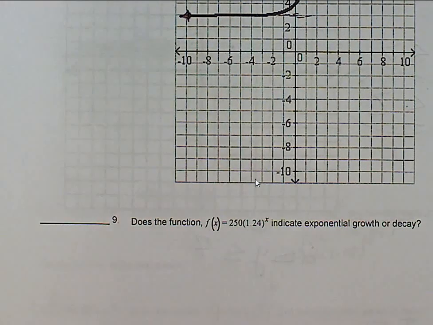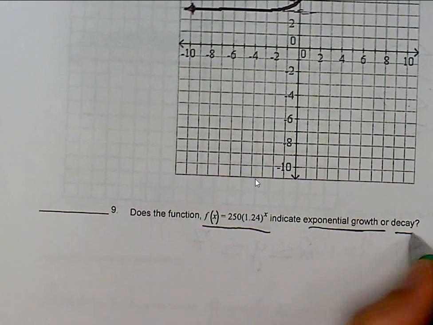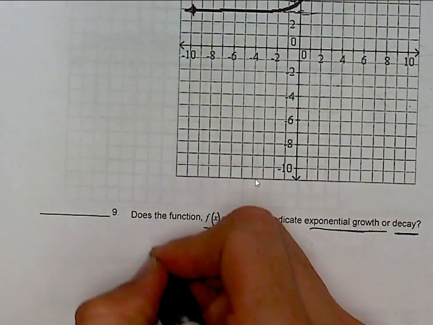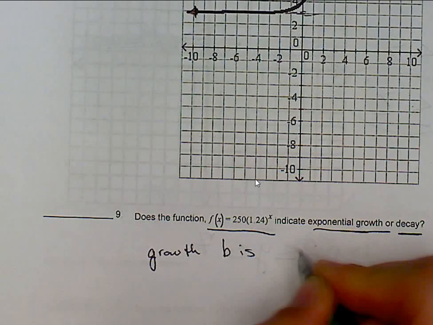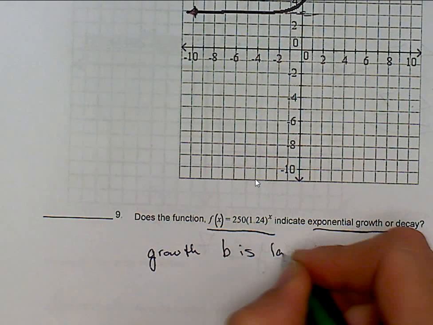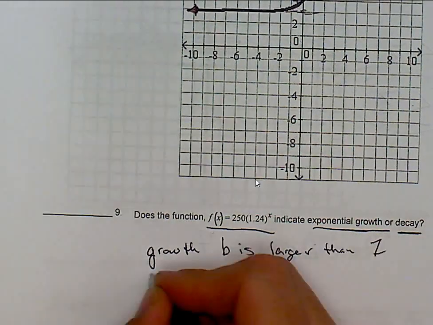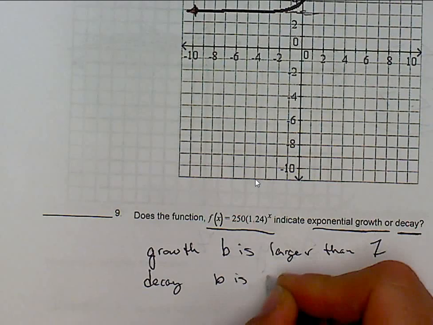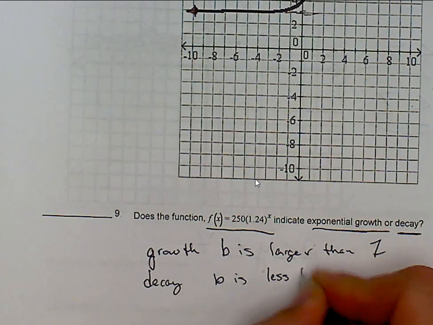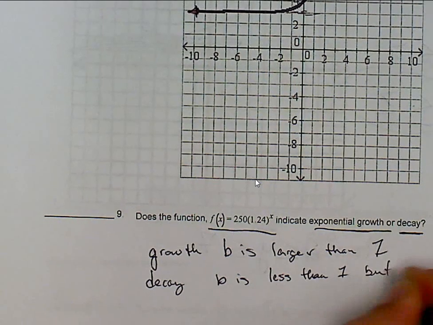Number 9. Does this function, and here's the rule, indicate exponential growth or decay? Growth, the b has to be larger than 1. Decay, b is less than 1, but bigger than 0.